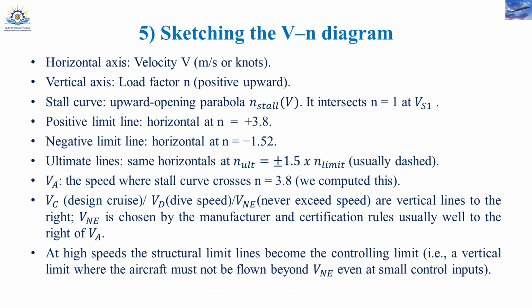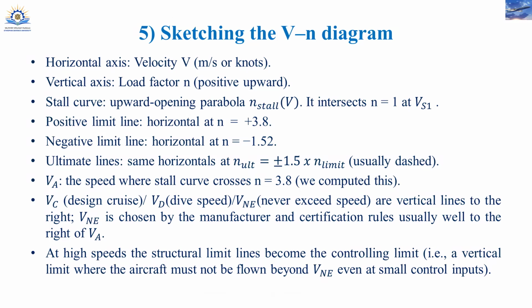Here the limit load factor is minus 1.5 or so. Again, the ultimate load factor point will be somewhere around here, obtained by multiplying by 1.5, the safety factor. So you can take these points: negative limit line, ultimate lines, negative and positive ultimate line.